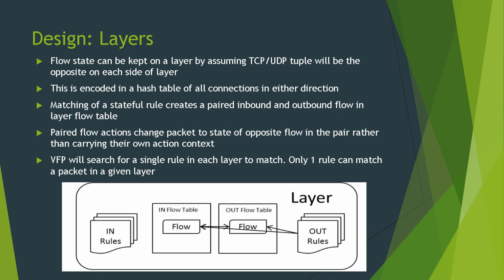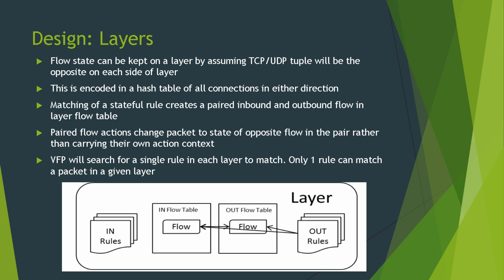This inbound and outbound reversed action is helpful in implementing a stateful policy for our flow state. Any packets going in an inbound direction will be assumed to have a TCP or UDP 5-tuple going in the opposite direction on each of the layers. This encoding will be stored in a hash table for all the connections in either direction, essentially creating a paired inbound and outbound flow.